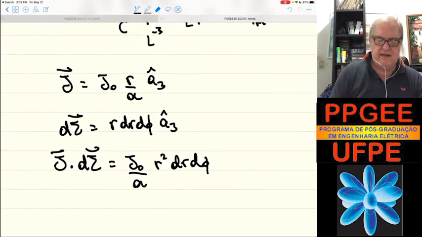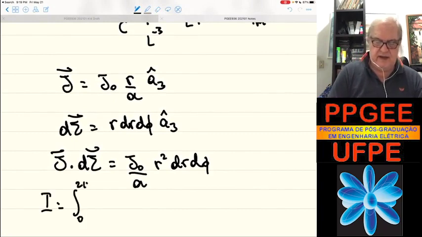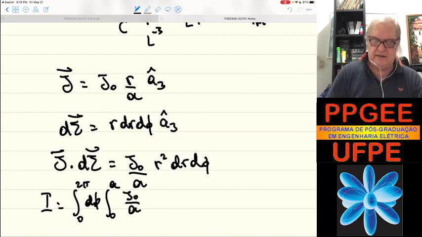Then we integrate, right? The current is going to be the integral from 0 to 2 pi of d phi, integral from 0 to a of the remaining parts.